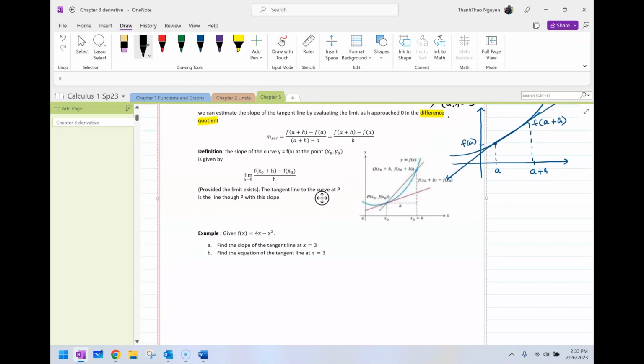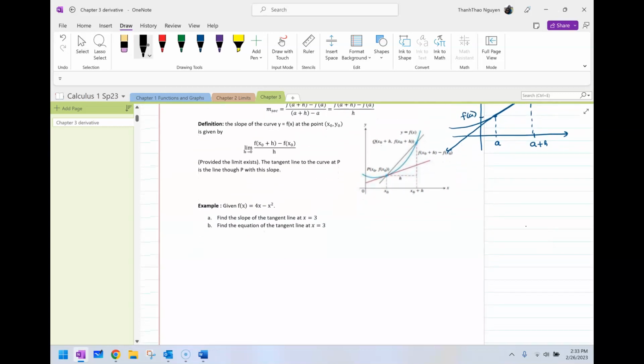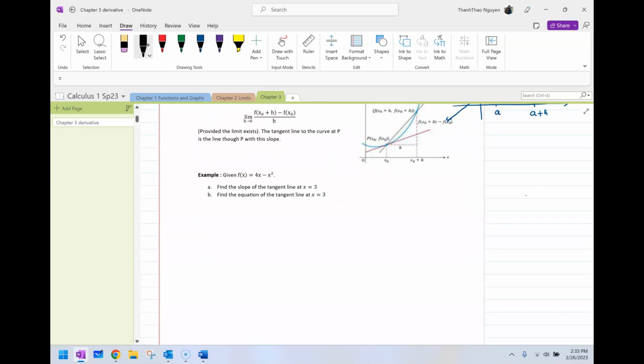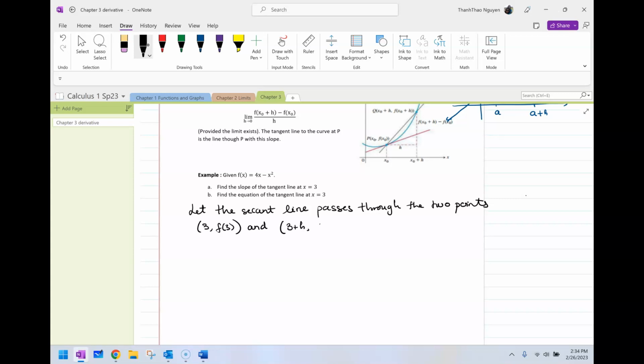Okay, so then we will let the secant line pass through the two points f of 3 and 3 plus h, f of 3 plus h.